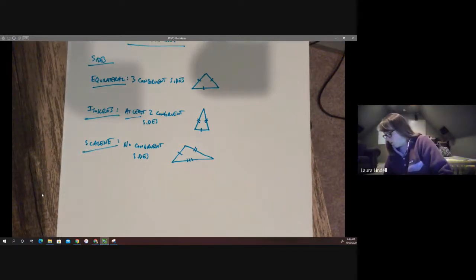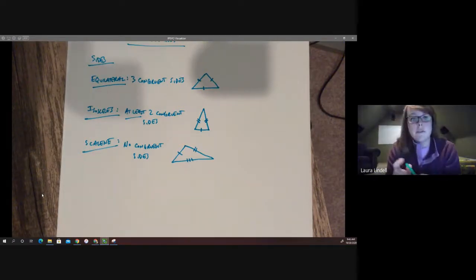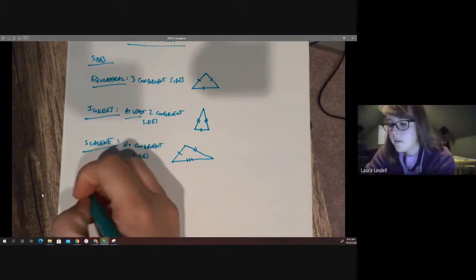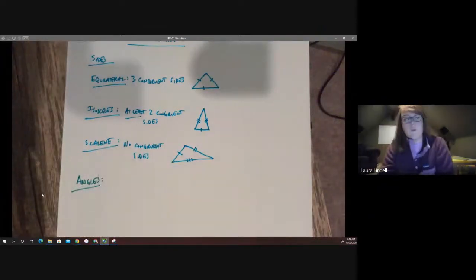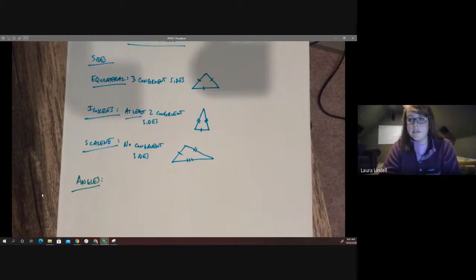Okay. The second way that we're going to be asked to classify a triangle is by its angles. And we're going to have four words to talk about a triangle using its angles.